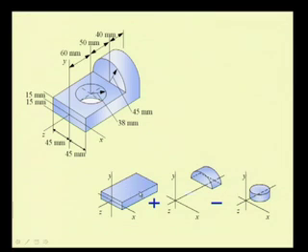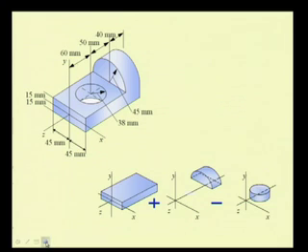These are simpler shapes for which the values of the second moments are available in the form of tables, and so we can use that to determine the second moment of this machine element with respect to the x axis.